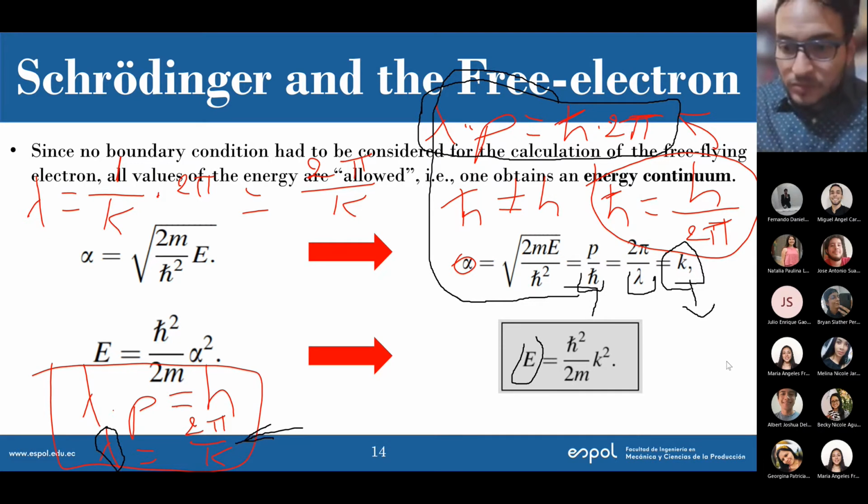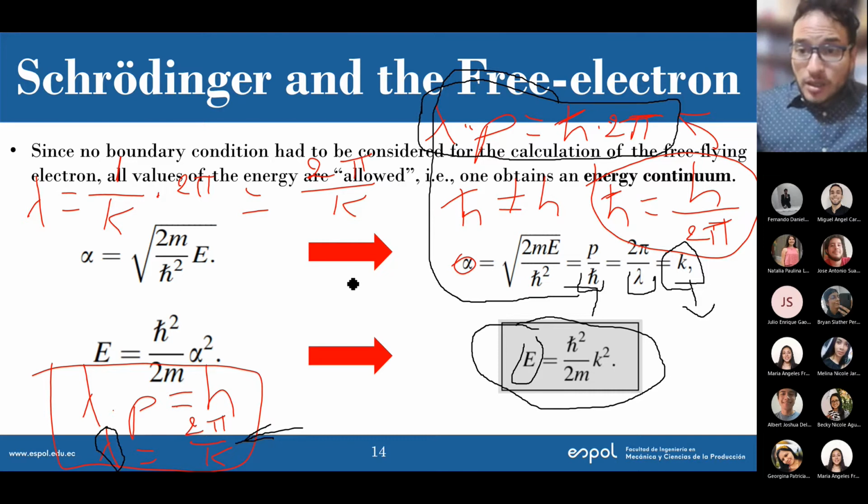Now, one question, guys. If you were to plot E versus K, what shape of that function do you foresee?